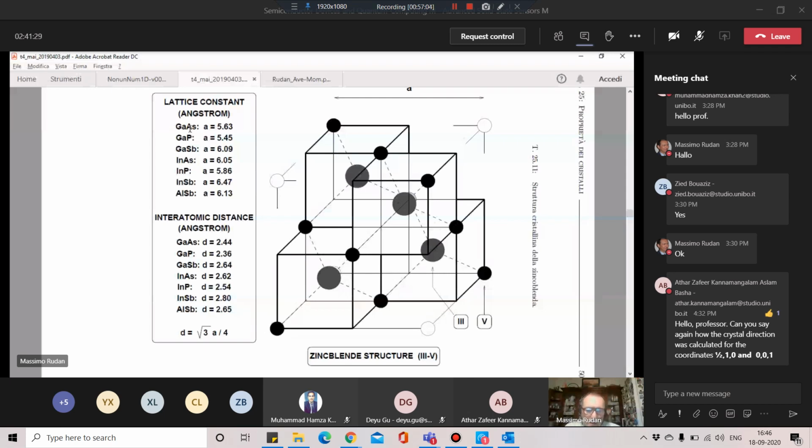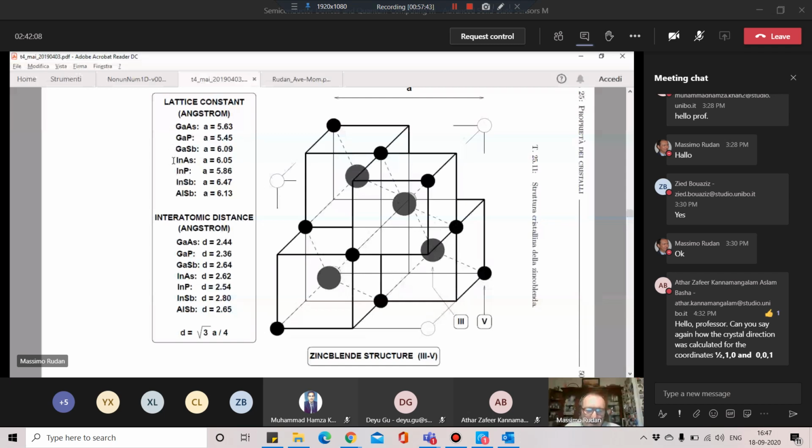So for this reason, a compound like this one that is called gallium arsenide is also called a 3-5 structure because one of the two elements belongs to the third column and the other one to the fifth, okay? There are many possible combinations. You see there is gallium arsenide, gallium phosphide, so with phosphorus, gallium antimonide, Sb is antimony.